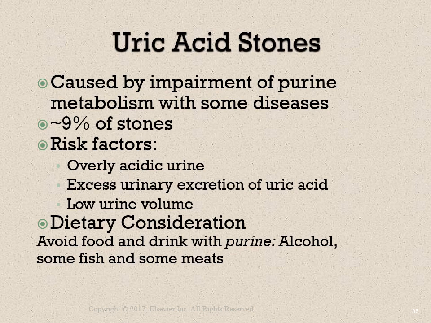So this includes alcohol, some fish, and some meat. Some fish are anchovies and sardines, and some meats include bacon, turkey, veal, things like that. For patients with uric acid stones, we want to recommend a diet low in purines.